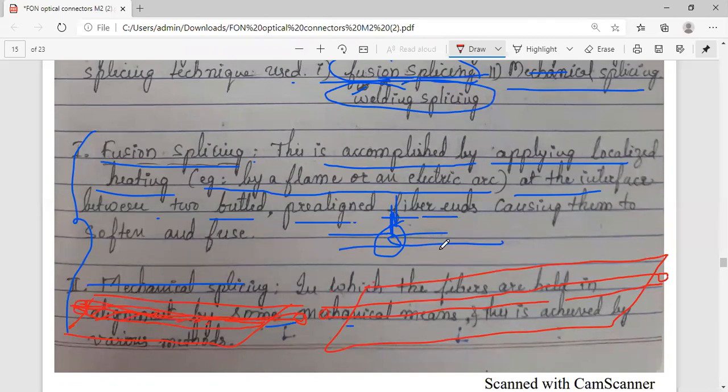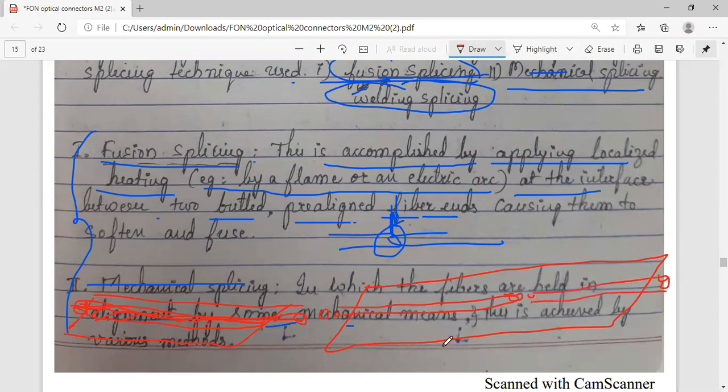Now coming to butted optical fibers, what do you mean by butted? If you are keeping the optical fibers within that groove after etching, assume that it is an etched part, and you are keeping one fiber here and one more fiber here.